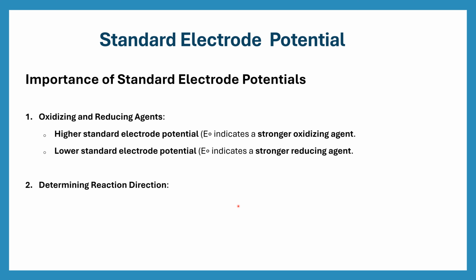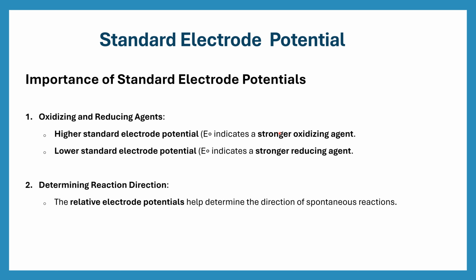Now we will talk about determining the reaction direction. It is the second key use of the standard electrode potential. When two substances react, the one with the higher standard electrode potential will typically undergo reduction, while the one with the lower potential will undergo oxidation.